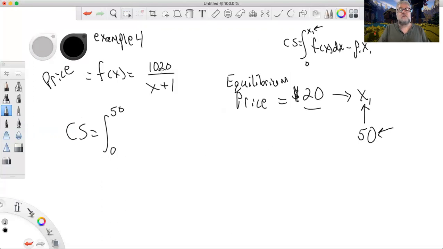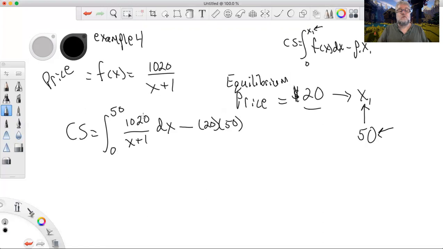F of x is this here, dx, minus the product of the demand price times the demand units. So that would be 20 times 50.